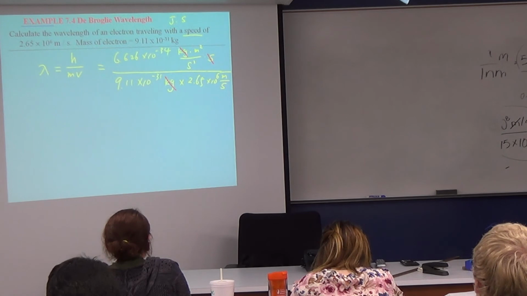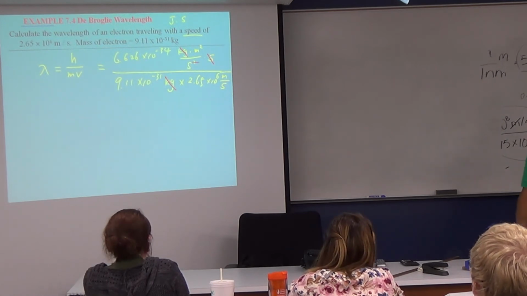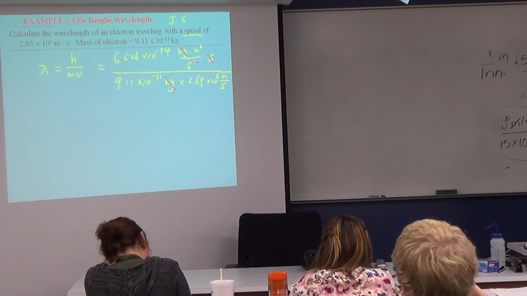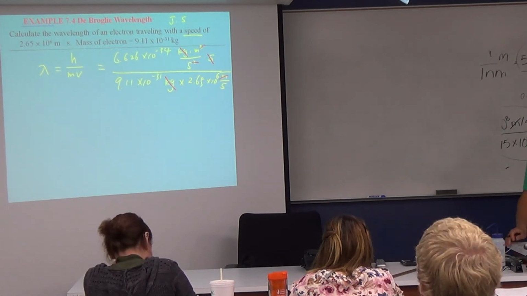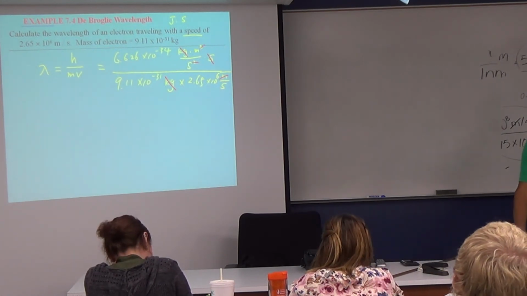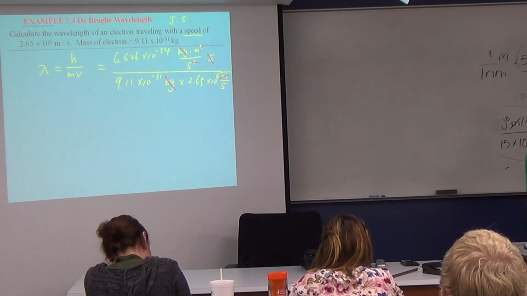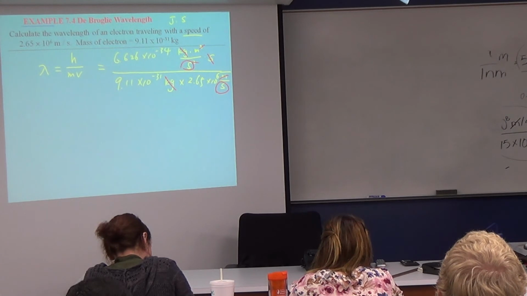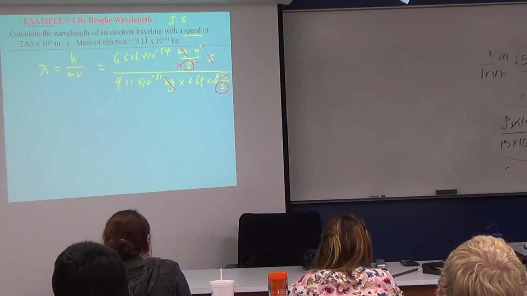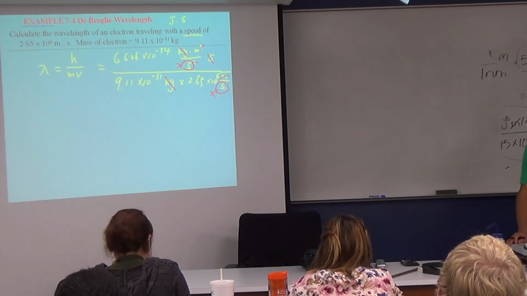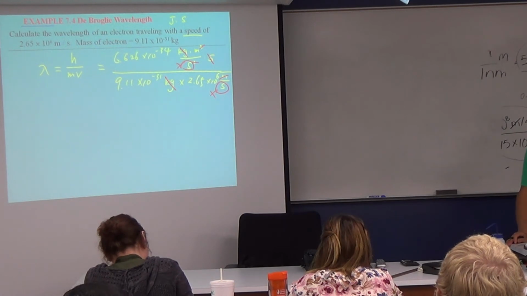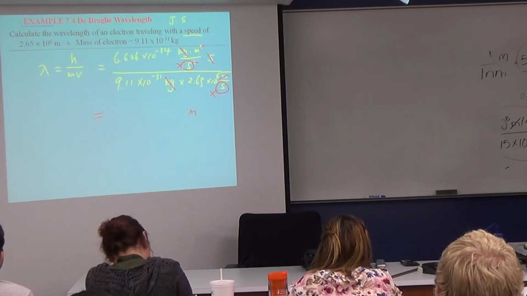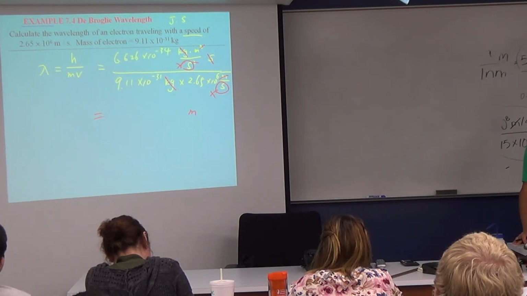There's one s here that cancels with s squared. One meter here cancels with meter squared. Then you have an s left over here and an s left over there, so these two cancel out. The only unit left over right now is what? Meter. That's very, very simple.